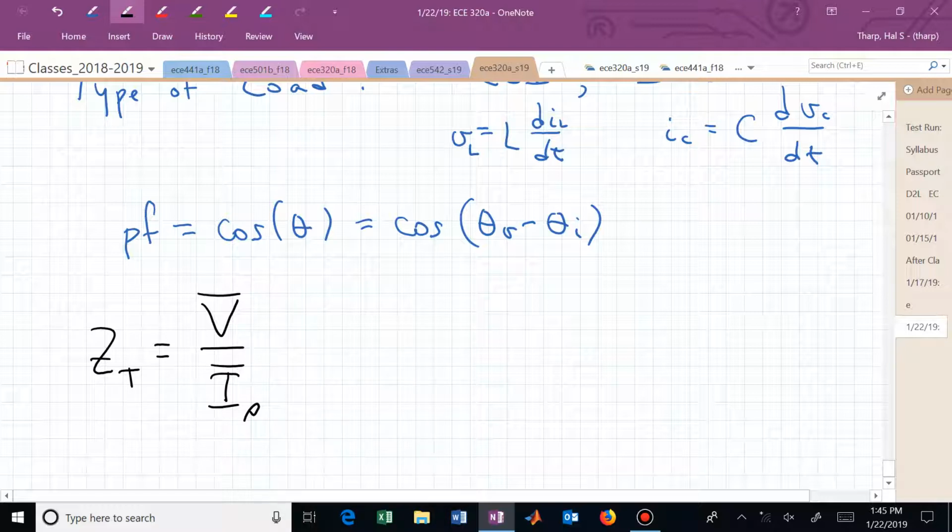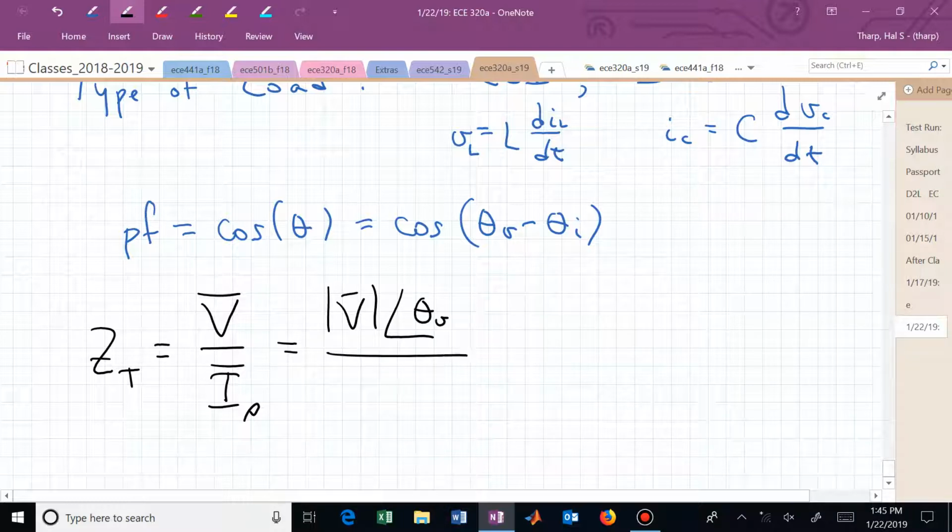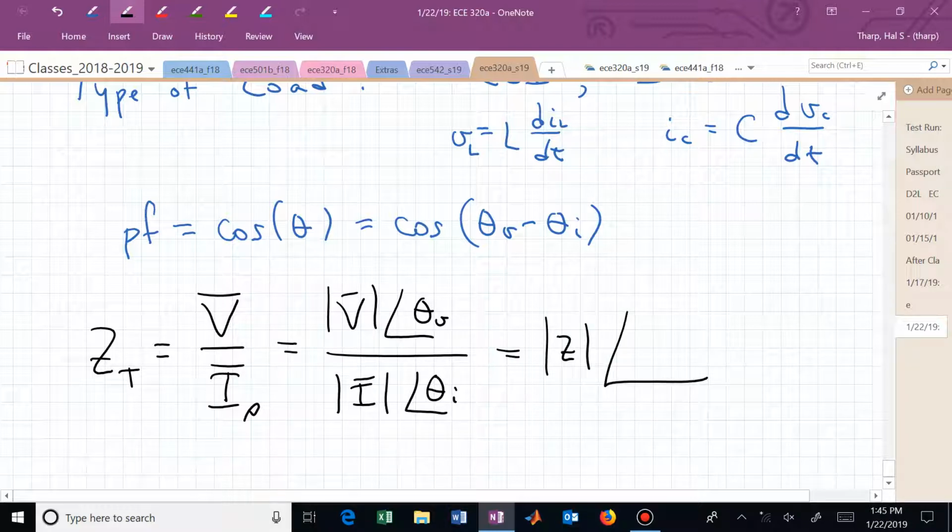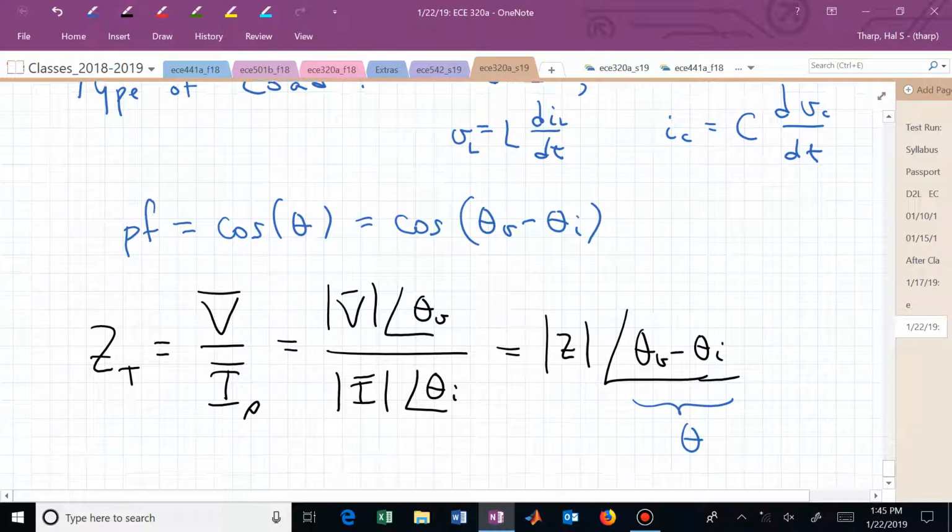That's now V over I. We know the magnitude and angle of voltage, and the magnitude and angle of the current, so that now we have the magnitude of Z at an angle of theta sub V minus theta sub I. So all of these are consistent. This is now theta, the angle of our impedance.